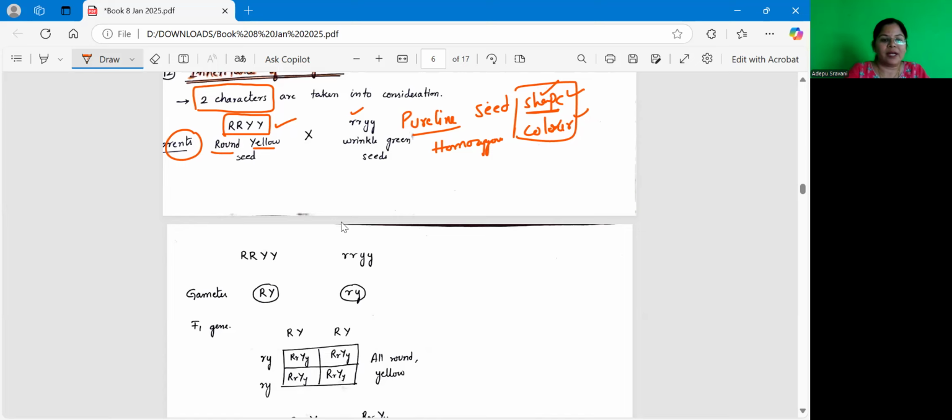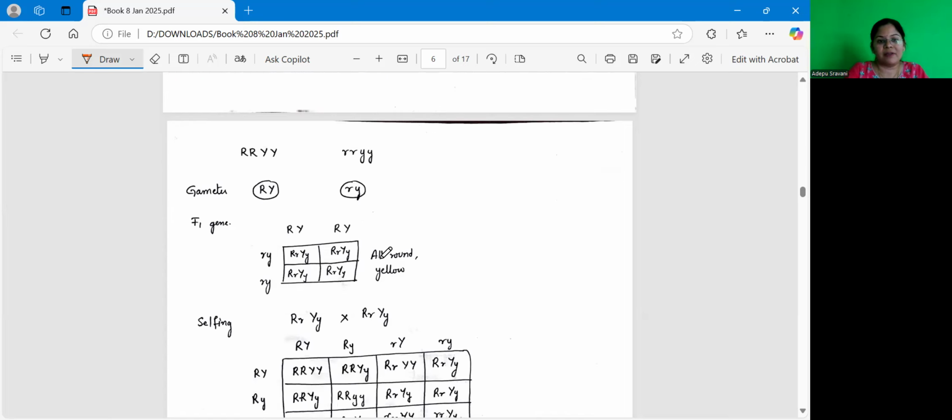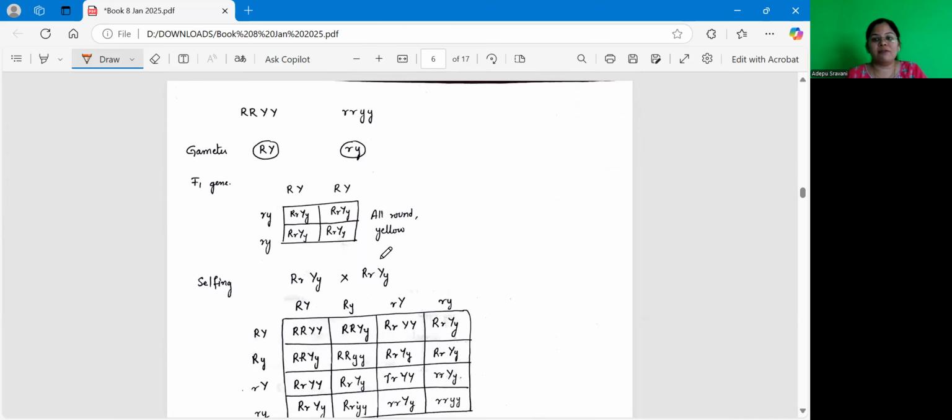Clear? Now, coming to gametes. I have seen many students getting confused about how to take the gametes. Here, since both of them are homozygous, it is easy to take the gametes. See, this R will go with Y. So we have RY. Similarly, this R will go with this, so we have RY.